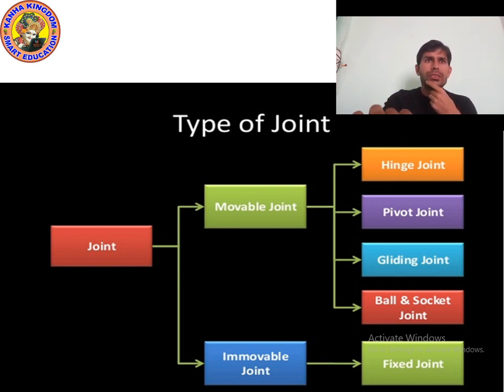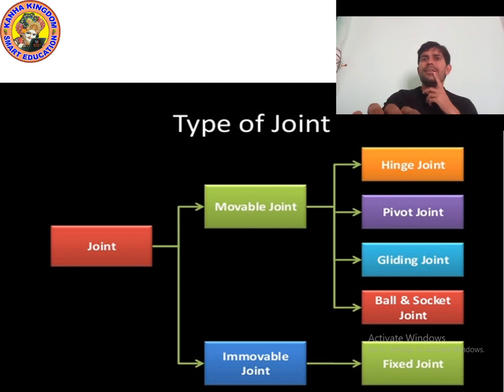A hinge joint is found in our hand. Other joints are like the gliding joint, which is also found in our wrist, and the fixed joint, like in the skull. Our skull has fixed joints. So there are different types of joints.